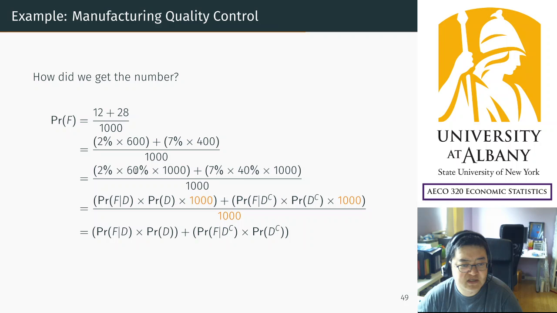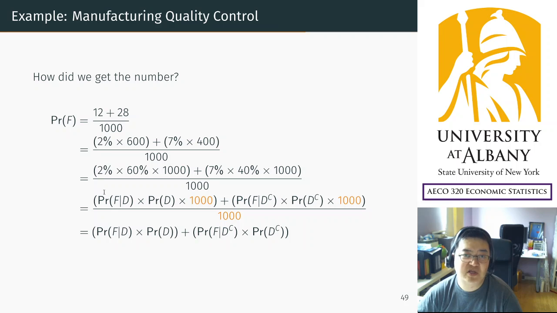So 2%, 60%, 7%, 40% can be replaced. They are from the information given in the question, right? We used 2% because we assumed that the conditional probability was 2%. If this probability was 3%, we would have used 3% here.